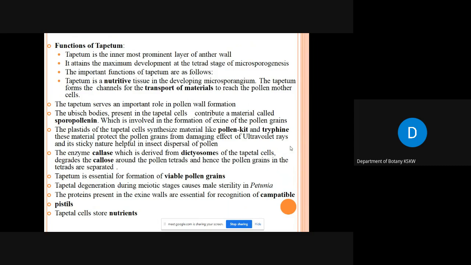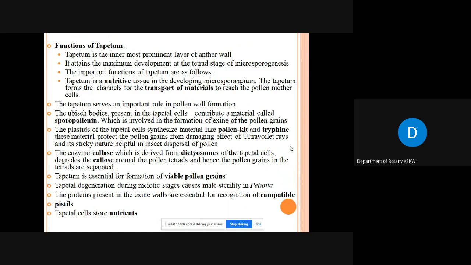The tapetum also plays an important role in the formation of the pollen wall. There are certain bodies known as Ubisch bodies. These are present in the tapetal cells and they contribute a material called sporopollenin, which is involved in the formation of the exine of pollen grains.